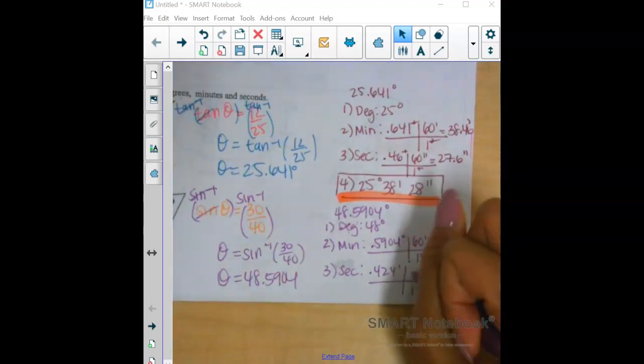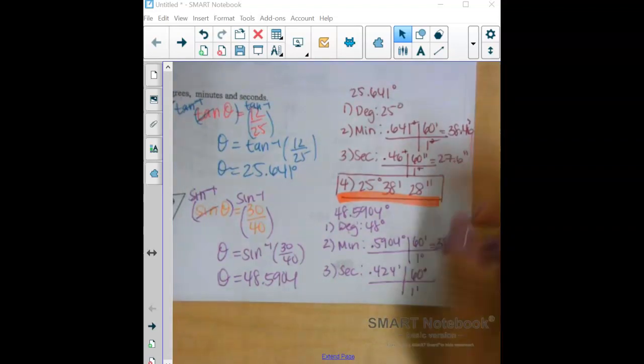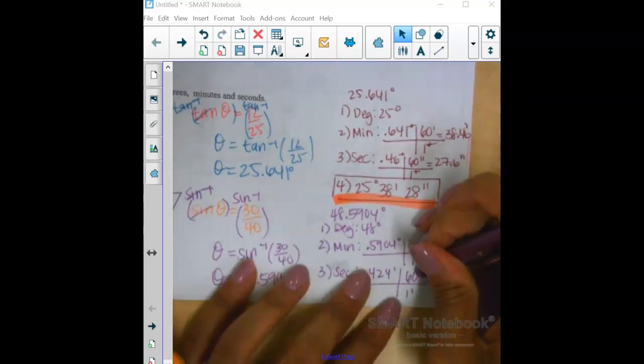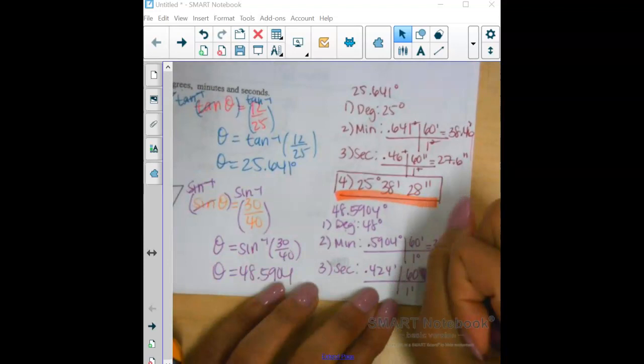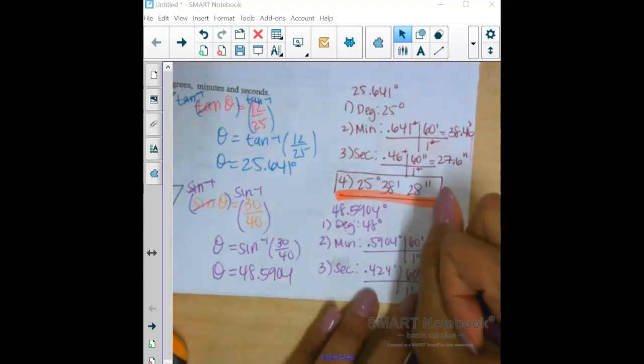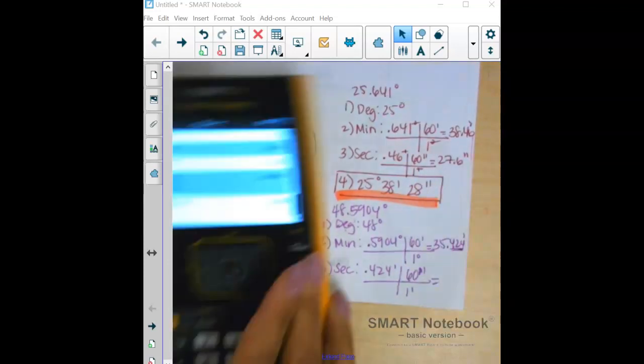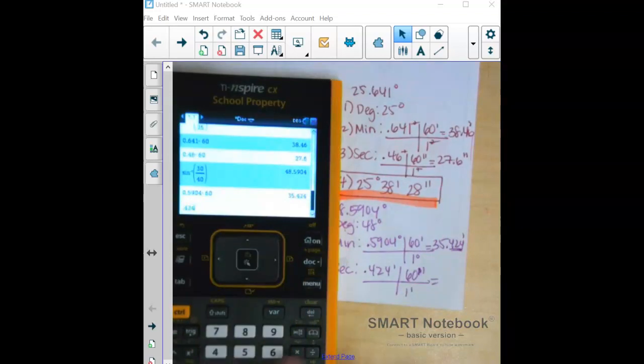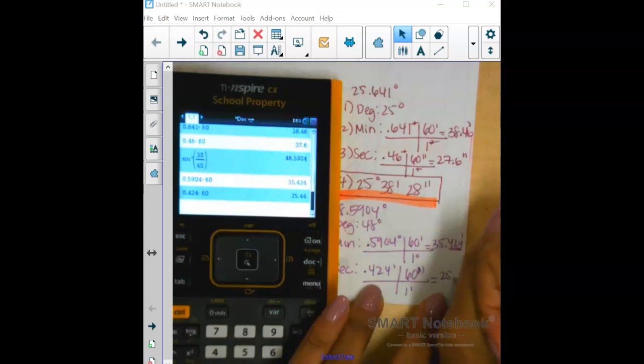So 1 minute is equal to 60 seconds. We're going to take our calculator, 0.424 times 60, and that's going to give me 25.44.